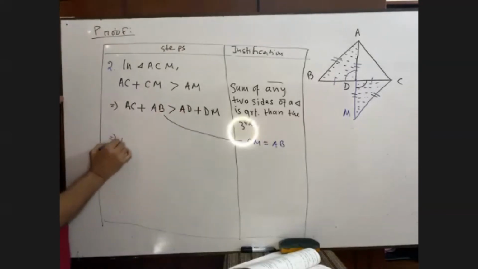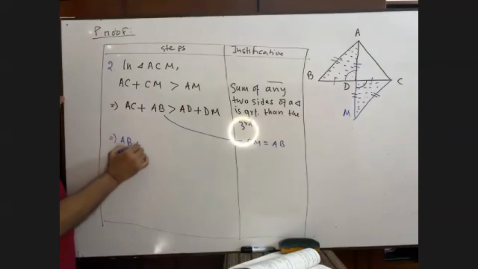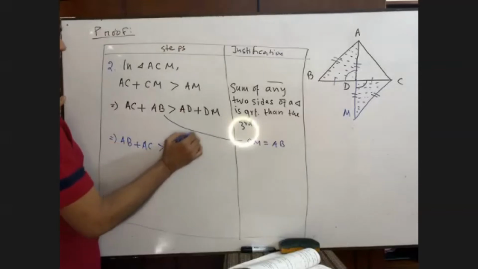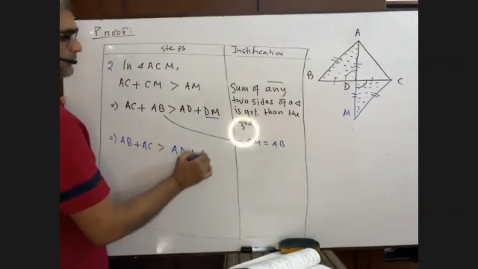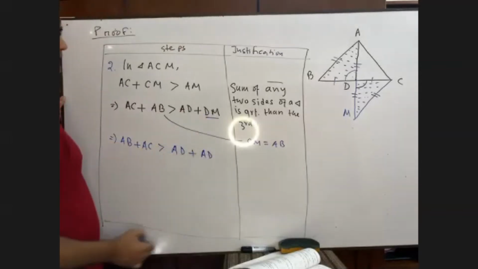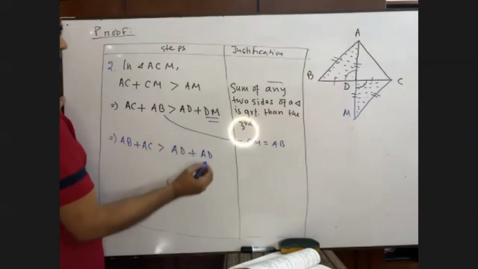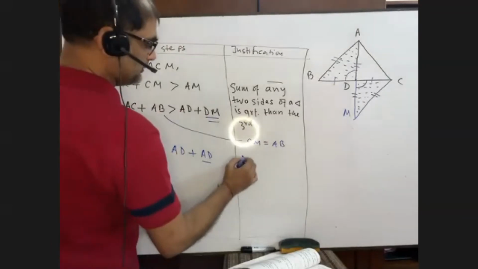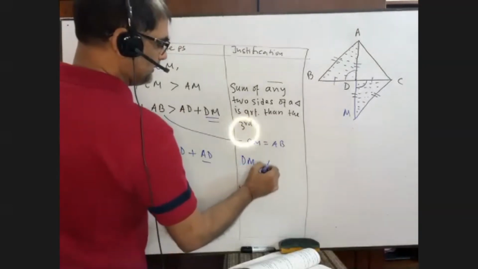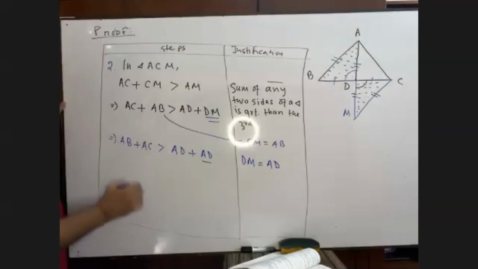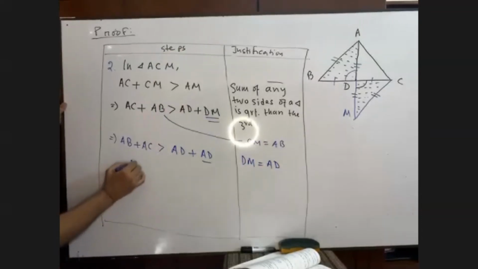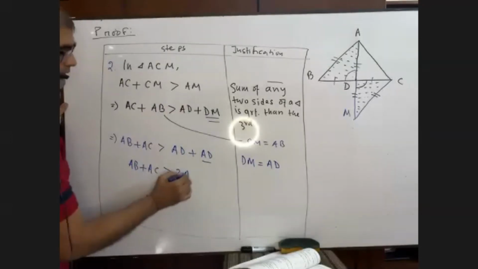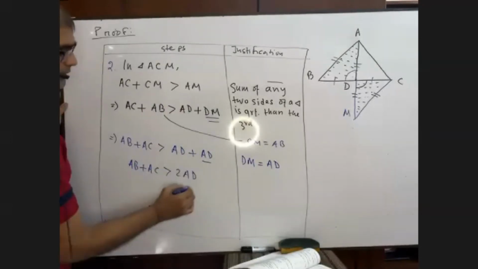Now we can write AB plus AC is greater than AD plus DM. By construction, DM equals to AD. So what you are getting here, AB plus AC is greater than twice AD. So our math is done.